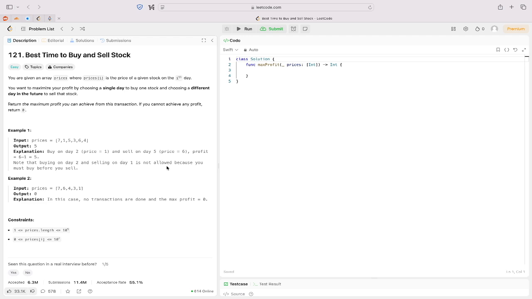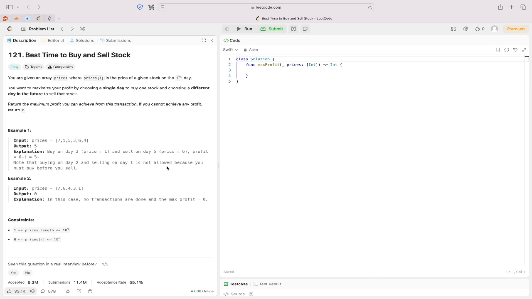In this case, no transactions are done and max profit is 0. So example 2, you can't get profit because it's decreasing as you move.